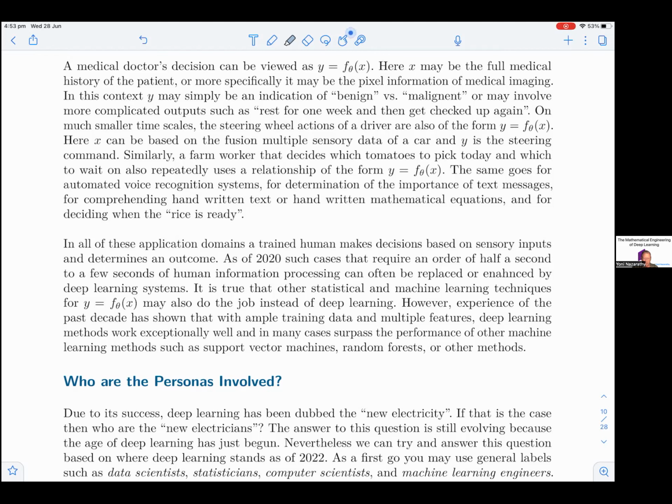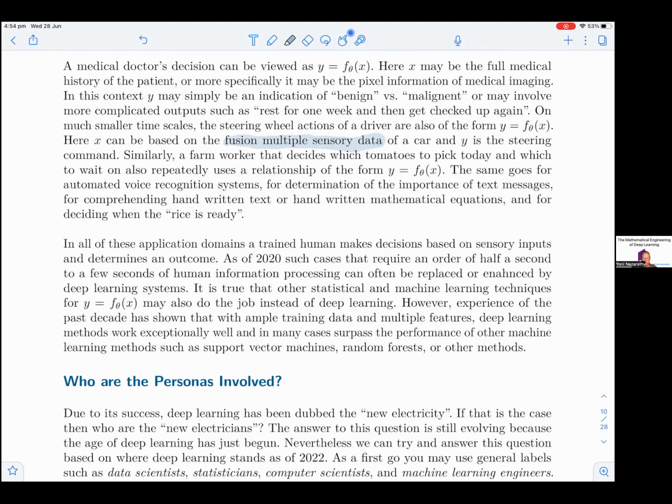On much smaller timescales, the steering wheel actions of a driver are also of the form y equals f theta of x. Here, x can be based on the fusion of multiple sensory data of a car, and y is a steering command. Similarly, a farm worker that decides which tomatoes to pick today and which to wait on also repeatedly uses a relationship of the form y equals f theta of x.